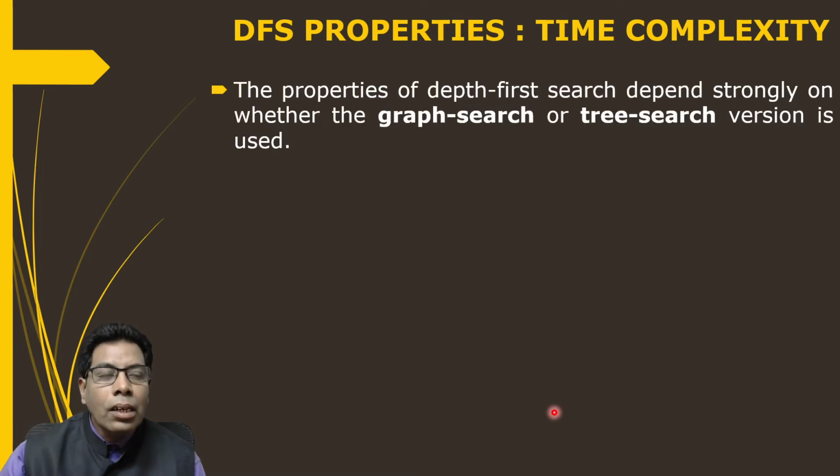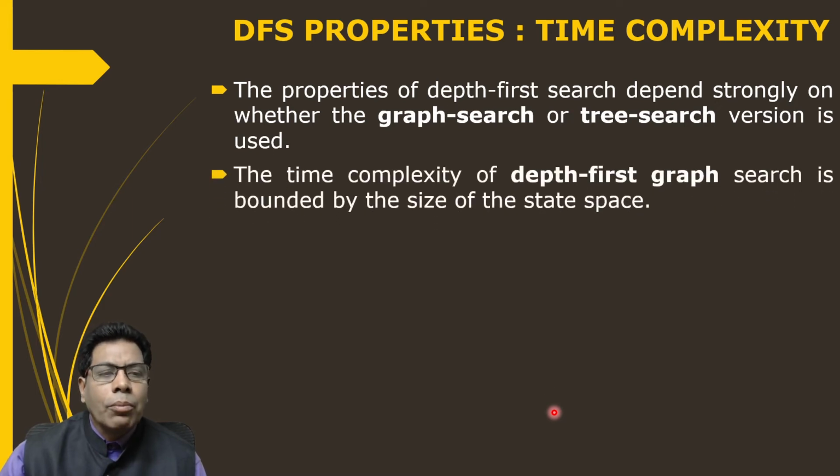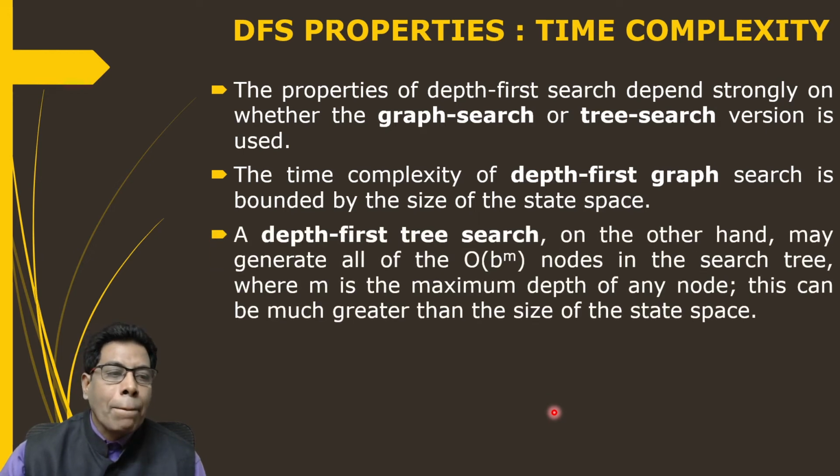First is time complexity. Here we have to understand that the properties of depth first search depend strongly on whether it is a graph search or a tree search. If you are using the graph search version, then it will have different properties. The time complexity of depth first graph search is bounded by the size of the state space, whereas depth first tree search may generate all of the O(b^m) nodes in the search tree, where m is the maximum depth of any node.